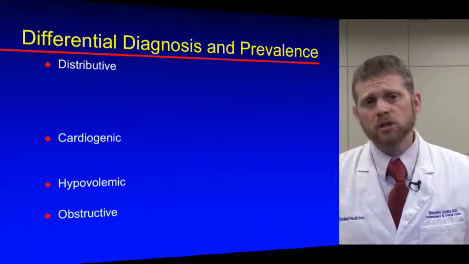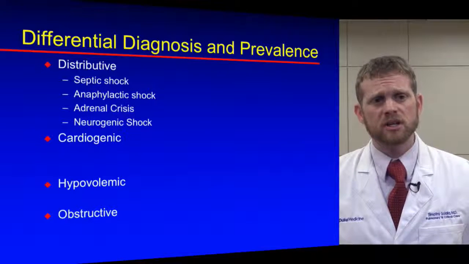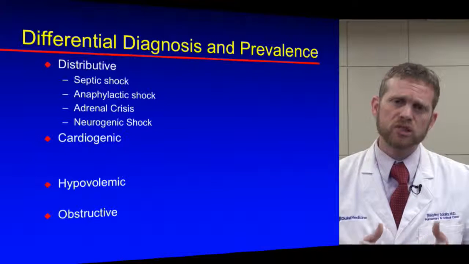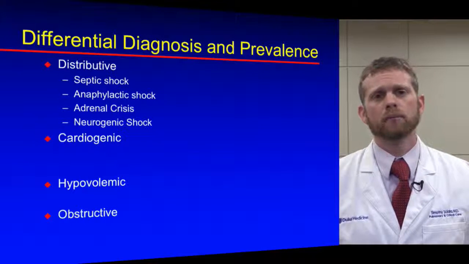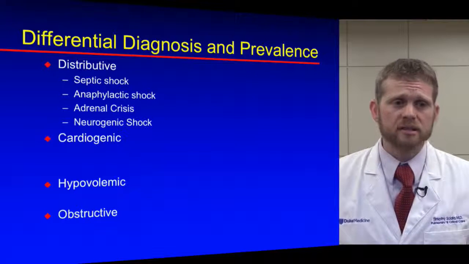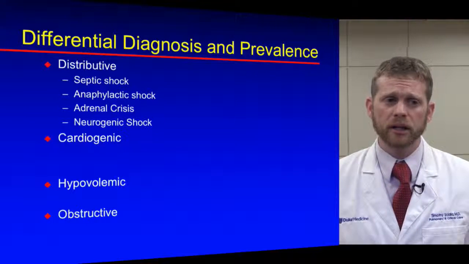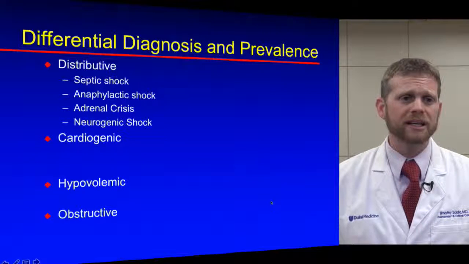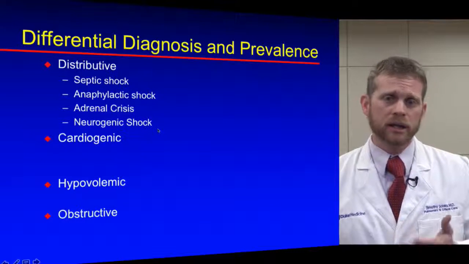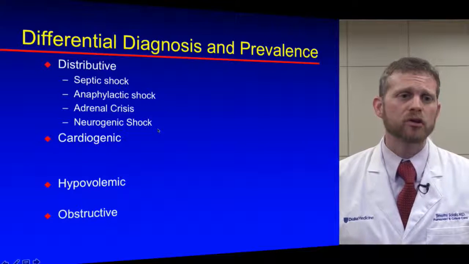As far as distributive shock, I've already said that sepsis is the most common, but there are other forms of distributive shock. This is vasodilatory shock. Other causes include anaphylactic shock, adrenal crisis, and neurogenic shock. Typically, 2 of these are fairly easy, because a patient who's got a spinal cord injury, that's the kind of patient you're going to see with neurogenic shock.